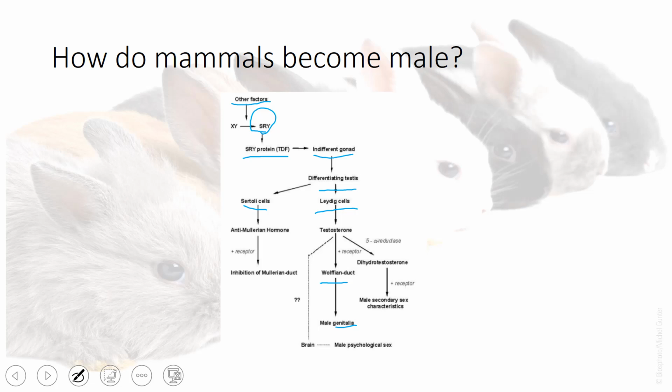Testosterone also works with brain development to develop the psychological features of maleness, and is also converted into dihydrotestosterone, which will then lead to the development of male secondary sex characteristics, the growth of body hair, the growth of facial hair, and characteristics of male humans, although there are male sex characteristics in most mammals.